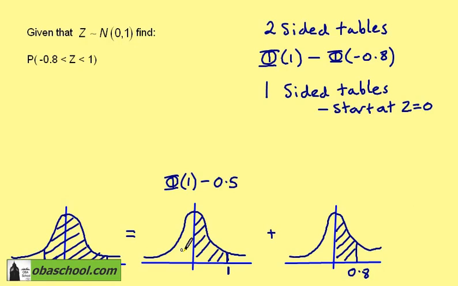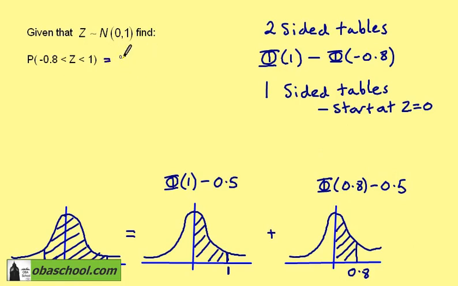The area to the left of the mean is 0.5 because of the symmetry of the curve. So if we do this subtraction, we get the shaded area as shown. We do the same here, and this must be phi of 0.8 take away 0.5.